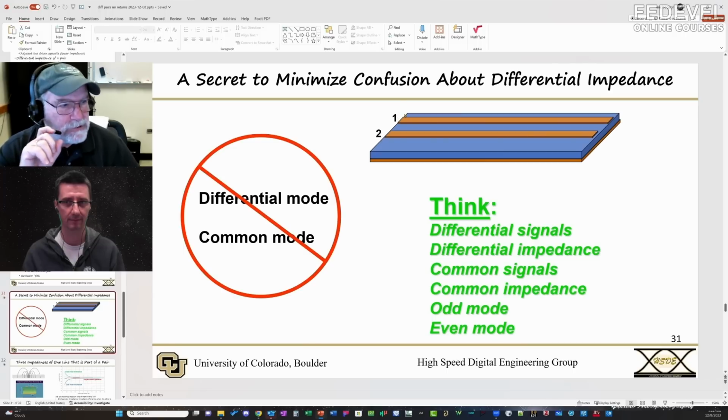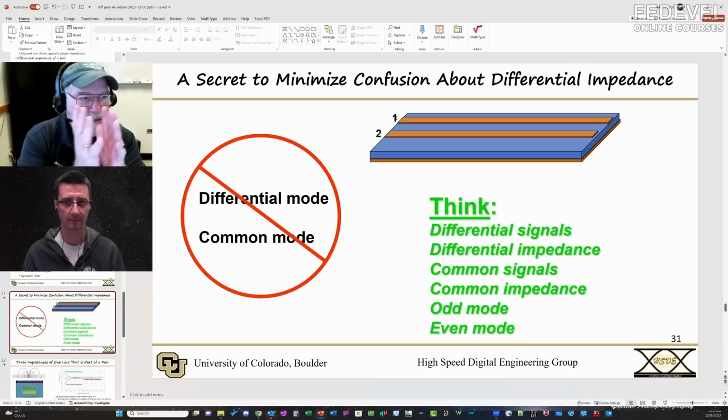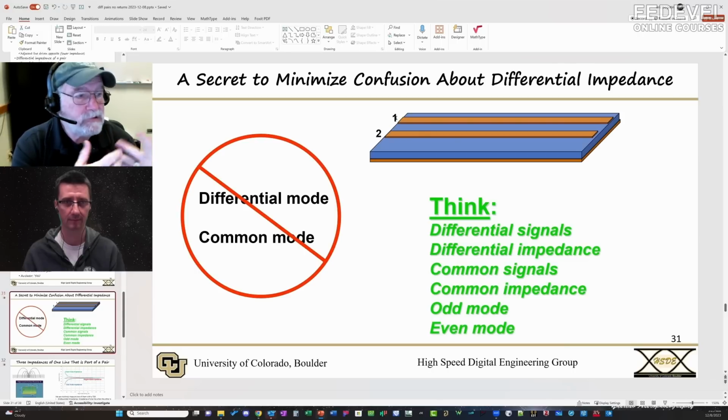That's the single-ended view, a voltage on line 1 and line 2. When I translate that to my differential view, I have a differential signal component, which is literally the difference between them, and I have a common signal component, which is literally the average. That's what we mean by the common signal: it is the average.